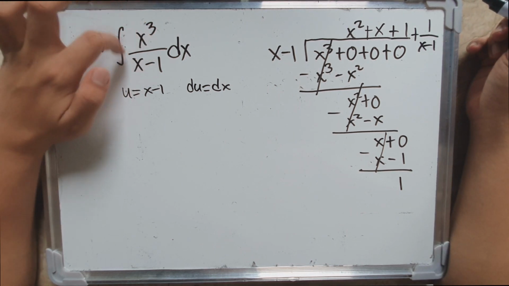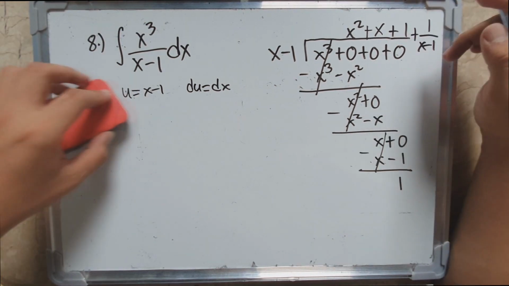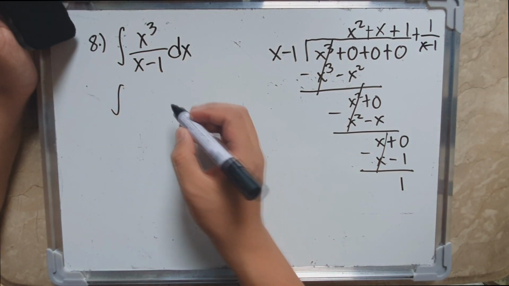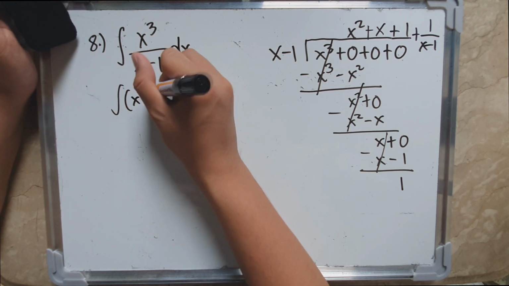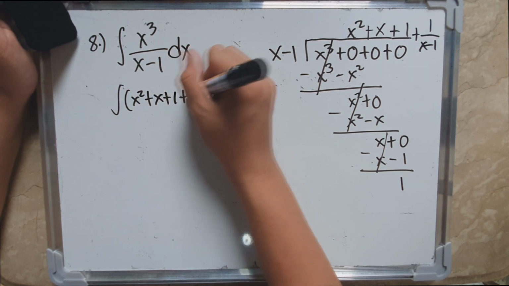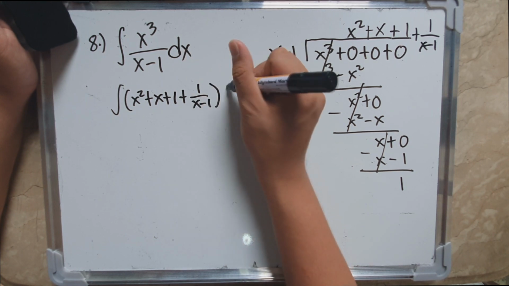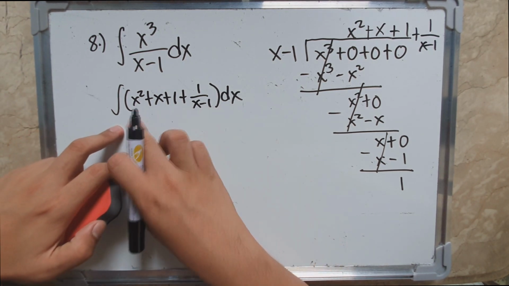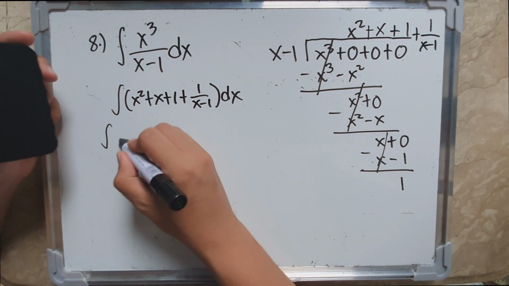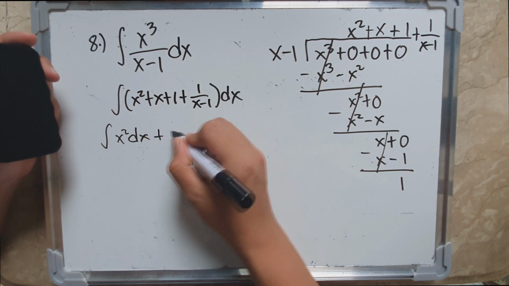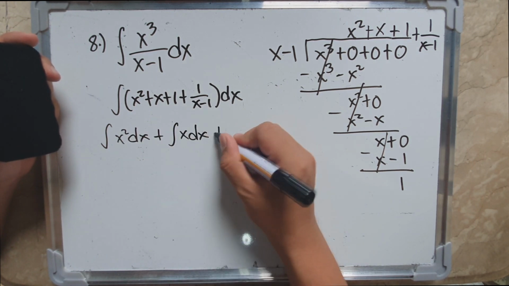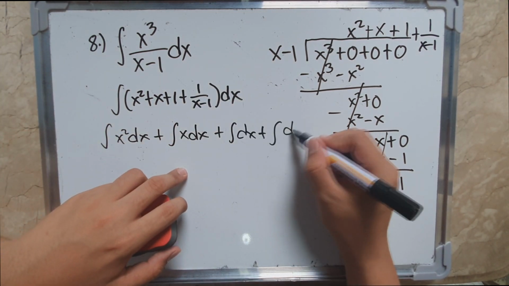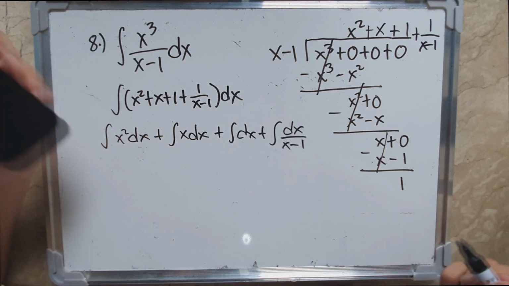So meaning to say we will be replacing the original fraction with this proper fraction. We now have the integral of x squared plus x plus 1 plus 1 over x minus 1 dx. Distributing the integral symbol and our dx to each of our terms, we now have the integral of x squared dx plus the integral of x dx plus the integral of dx plus the integral of dx over x minus 1.